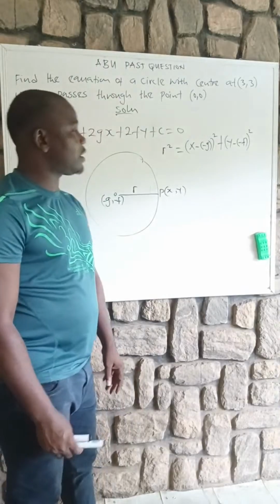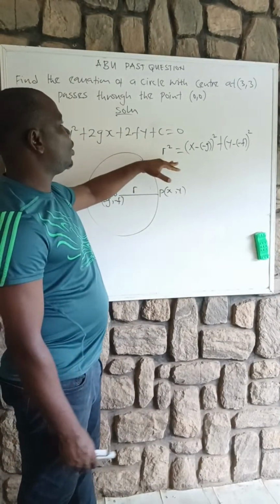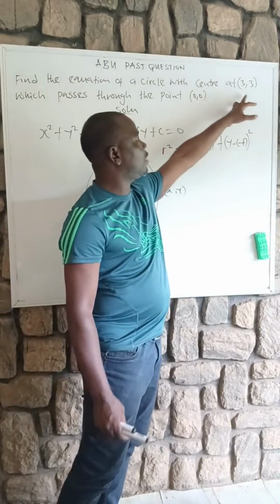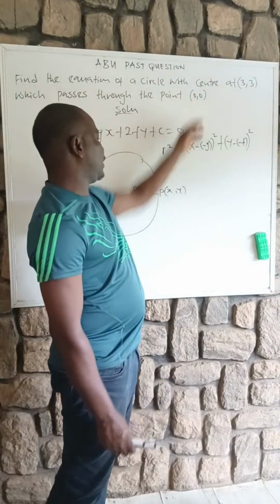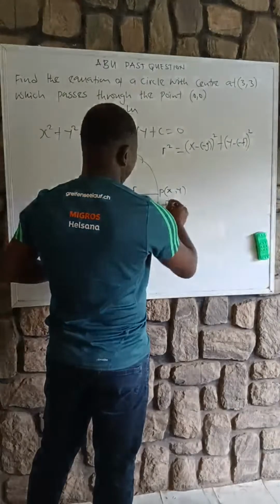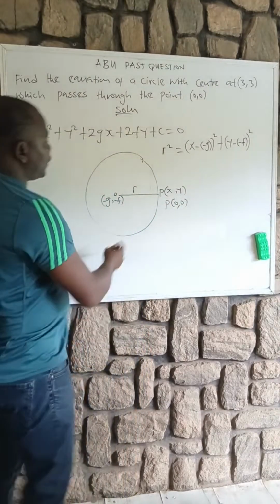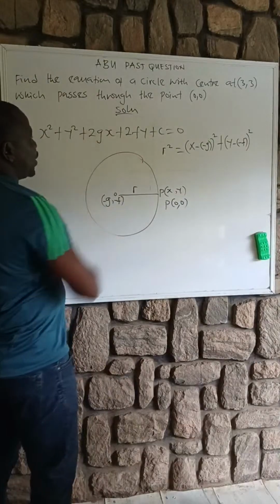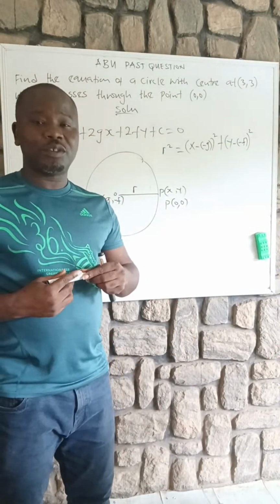But if now we said the center is (3, 3) and the point is (0, 0), if you substitute here now, you can see that it will frustrate you. True or false? It's true, right?